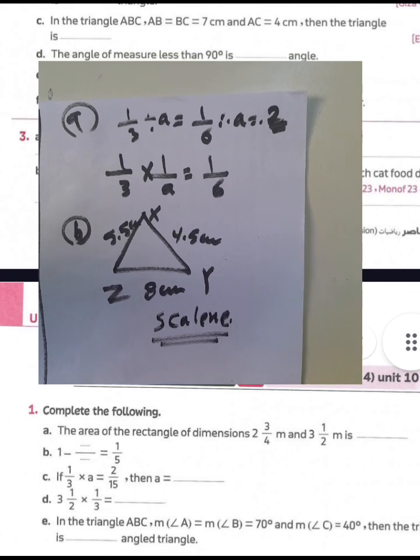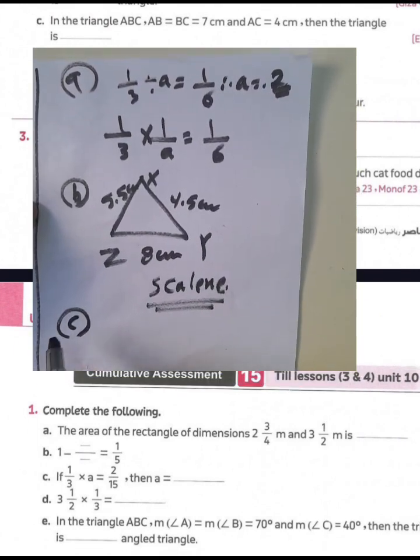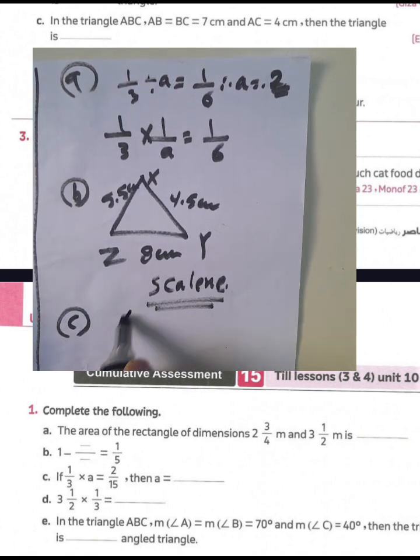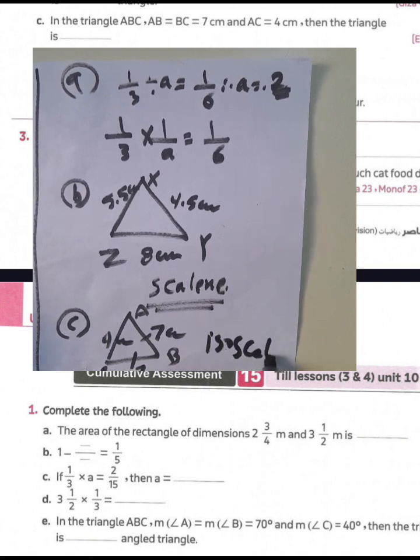Next question, letter C. In triangle ABC, if AB equals BC equals 7 centimeters and AC is 4 centimeters, then we call that an isosceles triangle.